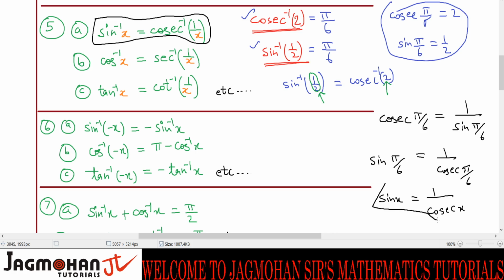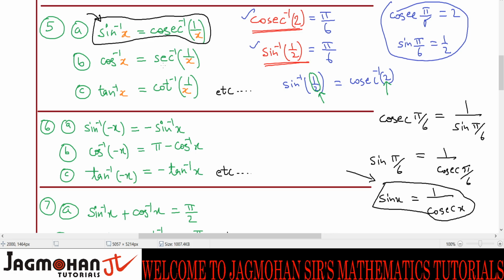Remember students, that holds if it is a trigonometric function. Here it is an inverse trigonometric function, so don't think sine inverse of x will be 1 upon cosec inverse x. No, it's not that. I repeat again, sine inverse of x is cosec inverse of 1 upon x. I hope you are getting what I'm trying to say.